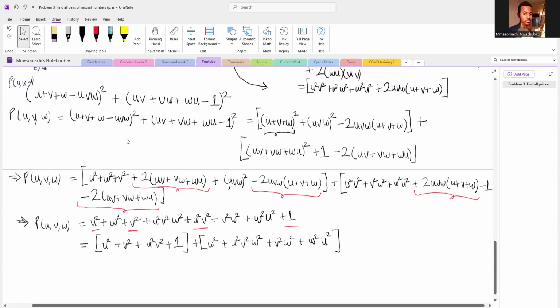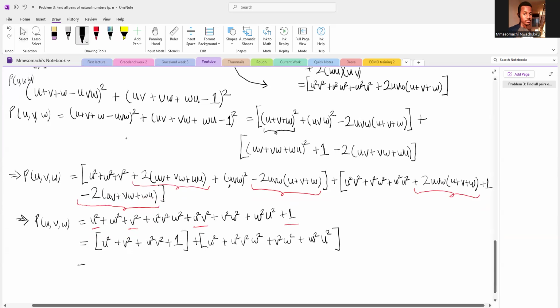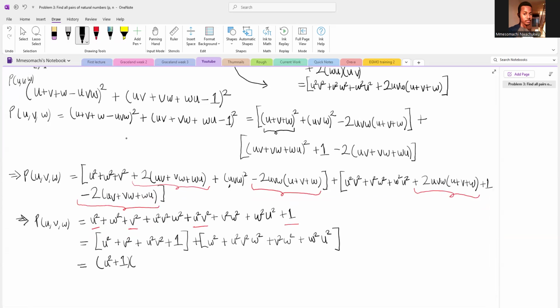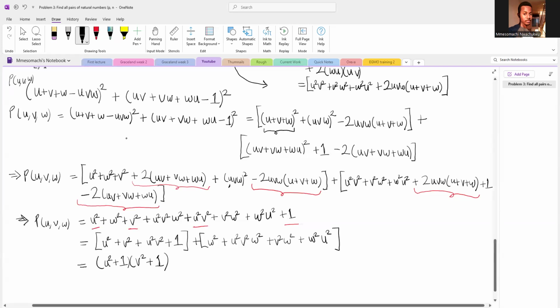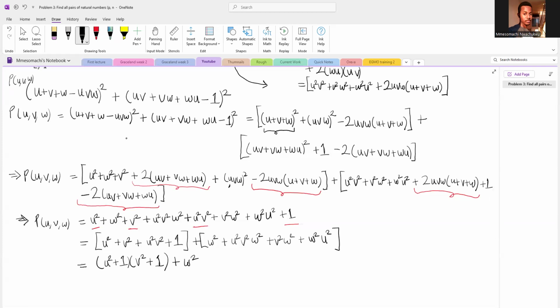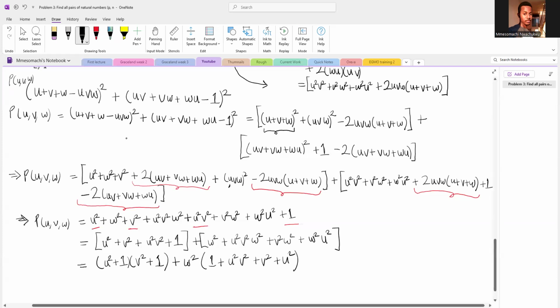So let's scroll up a bit, and then let's factorize. So recall that we already know how to factorize this first part. So this becomes (U squared plus 1)(V squared plus 1). And then here we can factor W squared first of all. That's a common term. So we have W squared into (1 plus U squared V squared plus V squared plus U squared), and then we have this again, which we already know how to factorize.